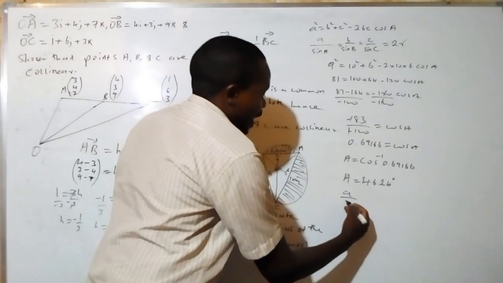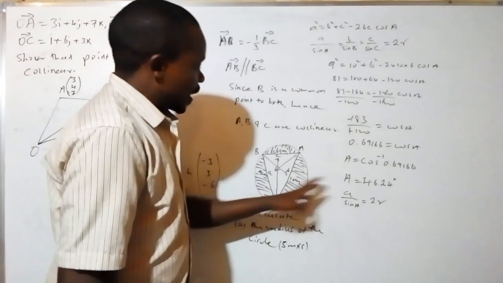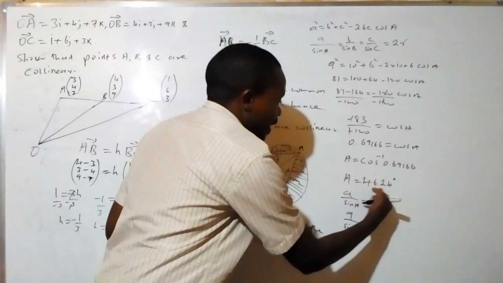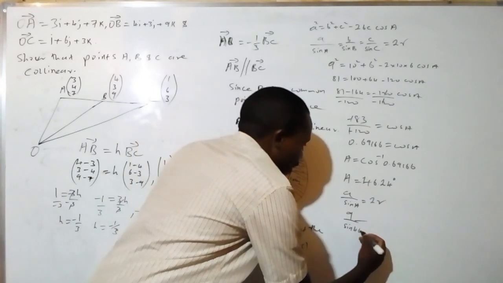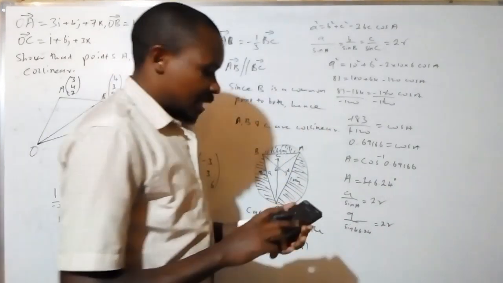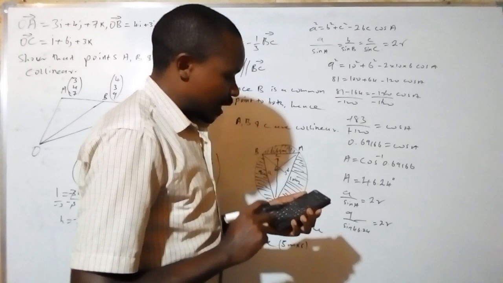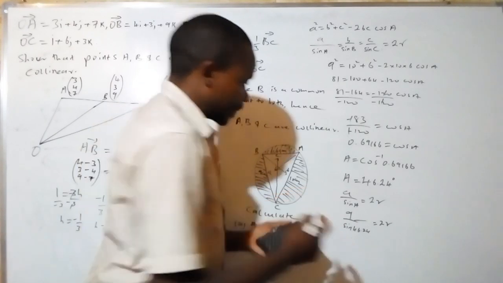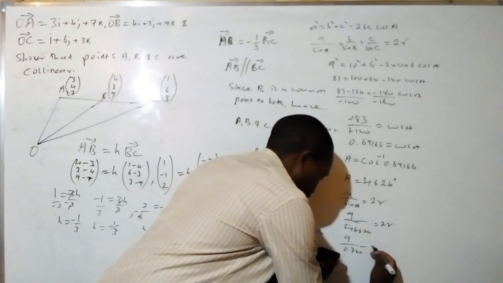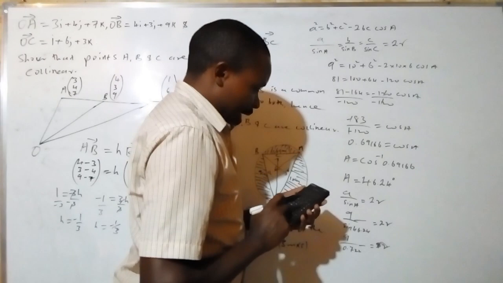Then after that, we use the formula a over sine A equals 2R. Small a is 9, so 9 over sine 46.24 is equal to 2R. Using a calculator, sine 46.24 is 0.722, so 9 divided by 0.722 is 12.46, equal to 2R.